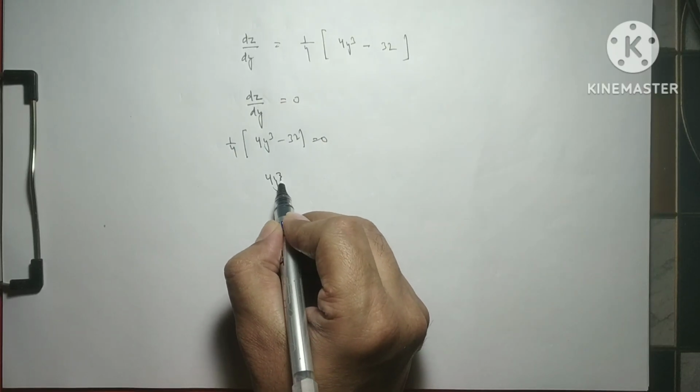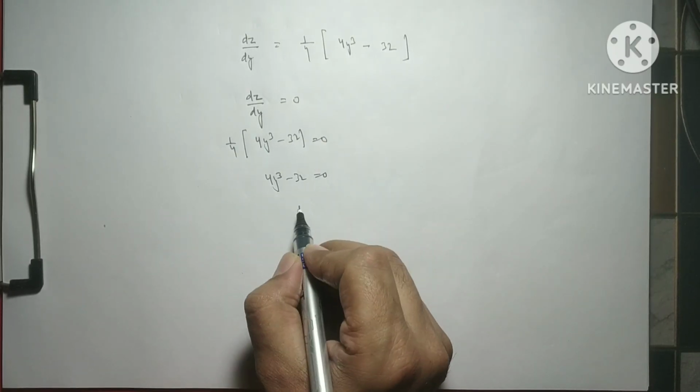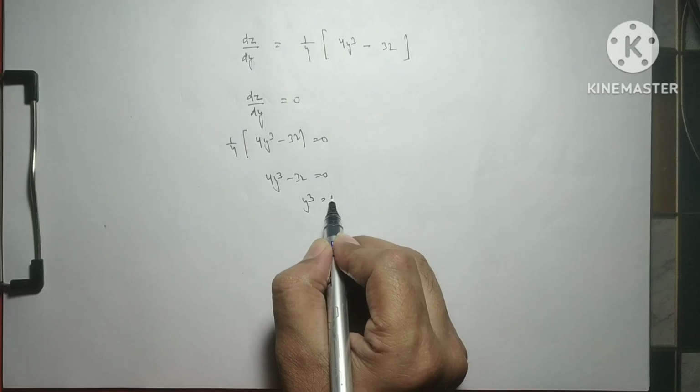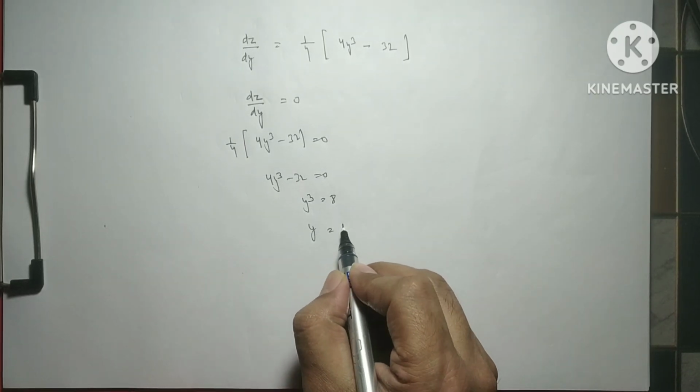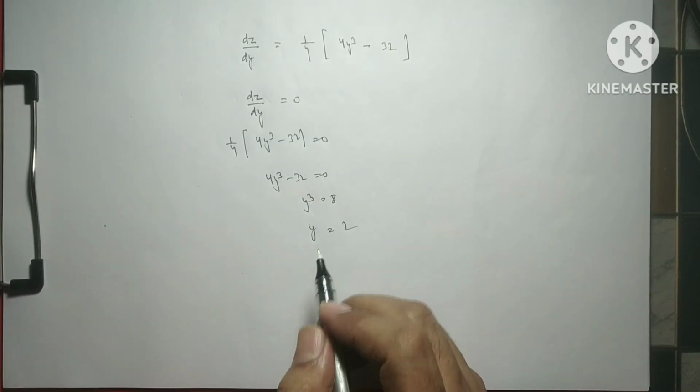So 4y cube minus 32 equals 0. So y cube equals 8 and y is 2.